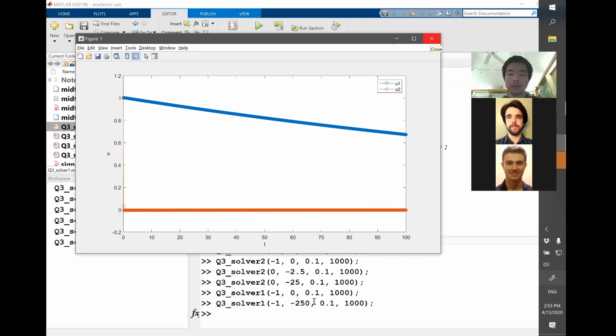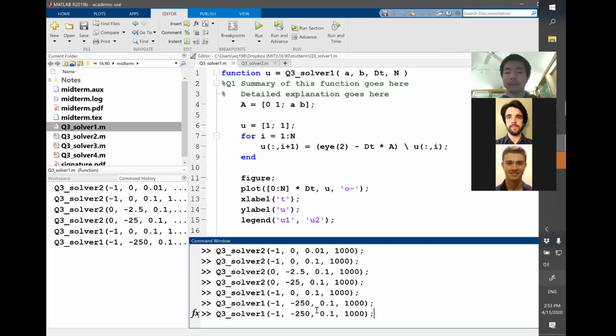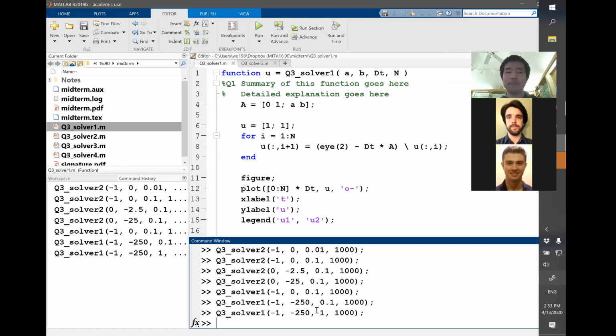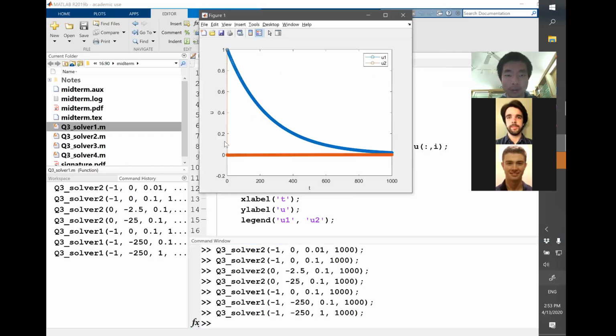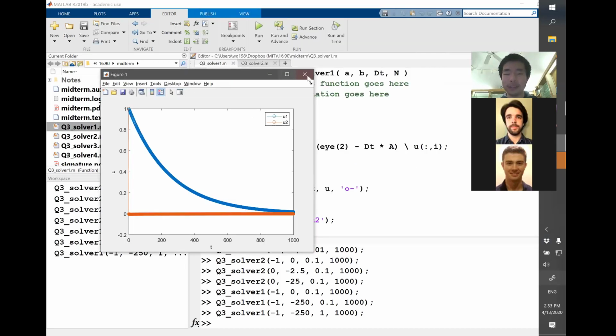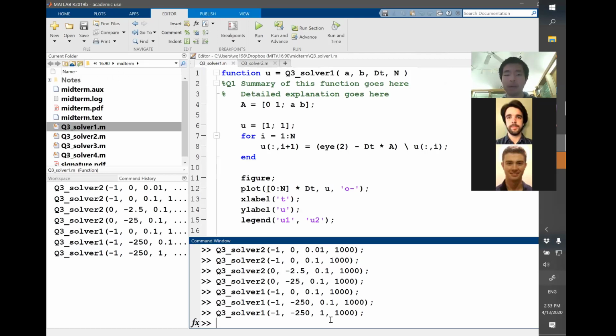While if you use backward Euler, and if you don't care about the fast time scale, you can just choose a time step size equal to 1. Now you can see the red one decays to 0 immediately and see the decay of the blue line pretty clearly, right? So this is one of the things that you can use to map out backward Euler.